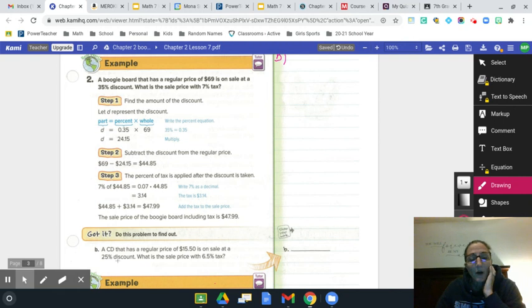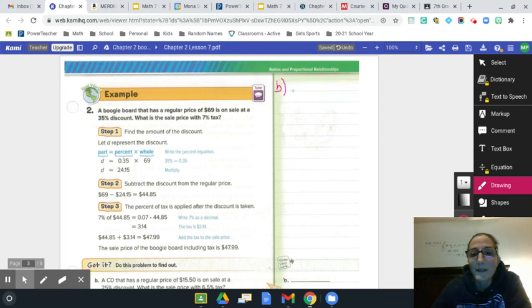Let's figure out how much 25% is off of this $15.50 CD. So we're going to start by setting up that proportion that we've been practicing. We're going to put that 25% out of 100%.